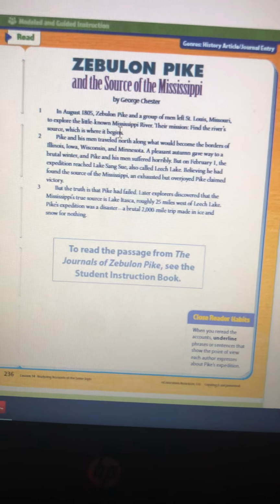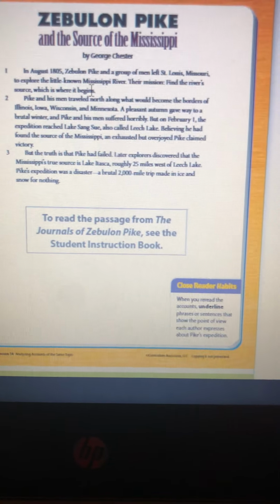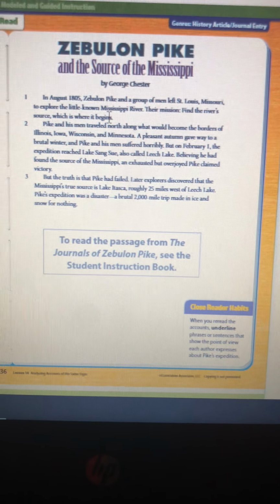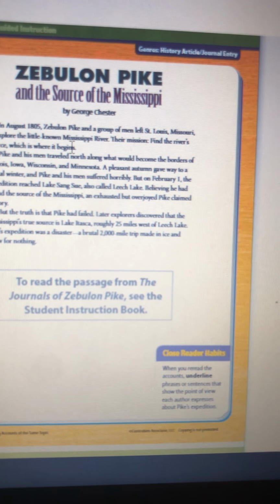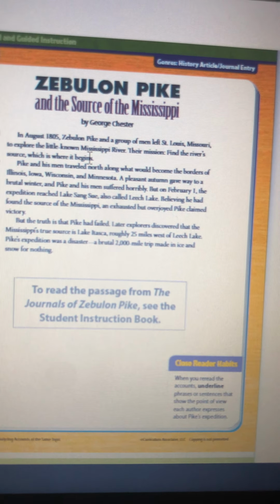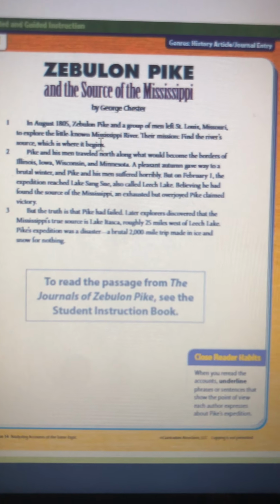This again will help you to answer the questions in the assignments tab after reading. Okay, so again, I'm looking for phrases or sentences that show the point of view of each author. So I'm going to reread and highlight those.